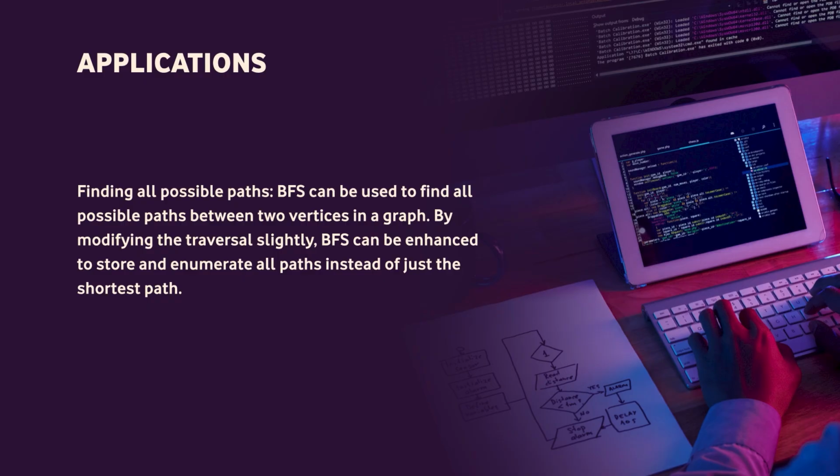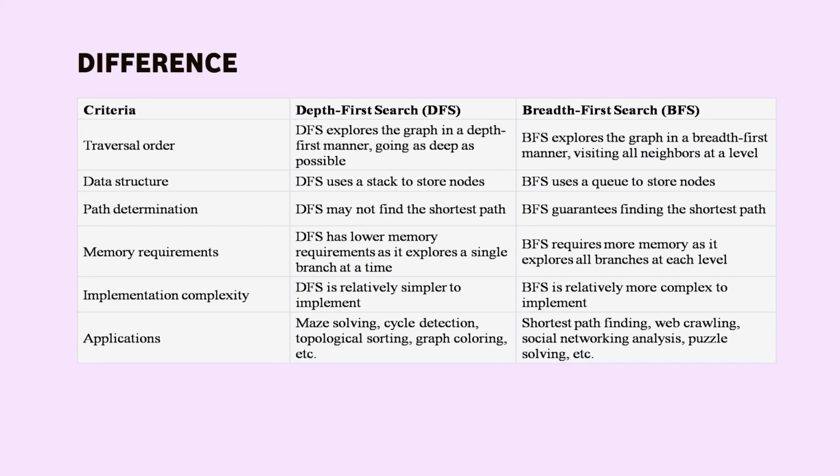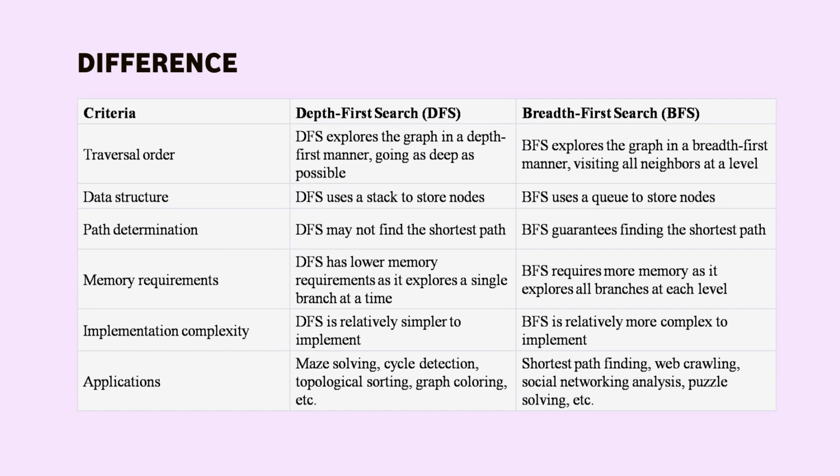But BFS can also be used to find all the possible paths between two vertices in a graph. By modifying the traversal slightly, BFS can be enhanced to store and enumerate all paths instead of just the shortest path.